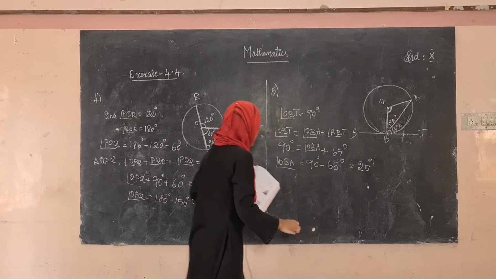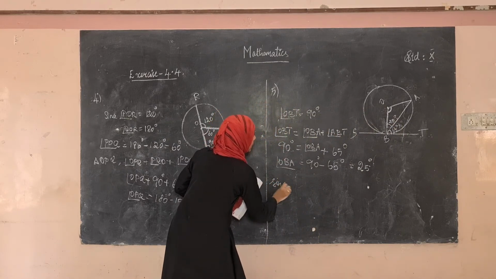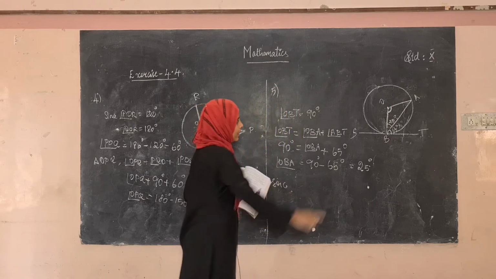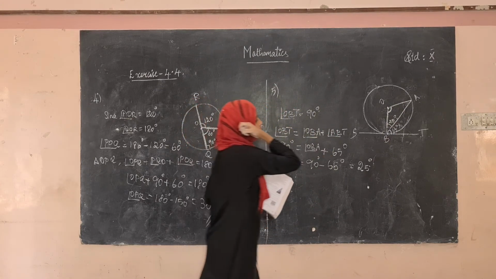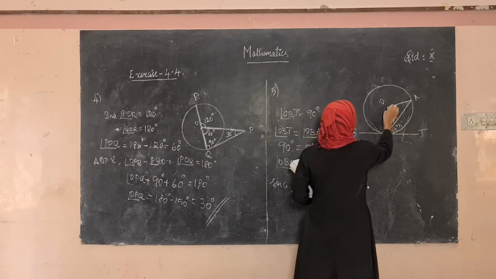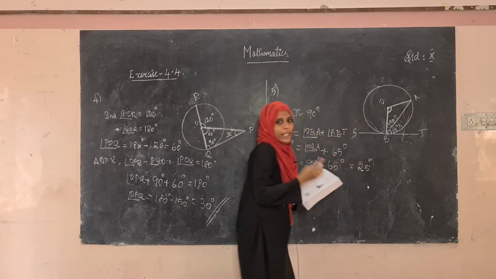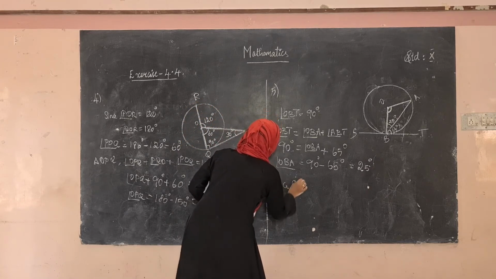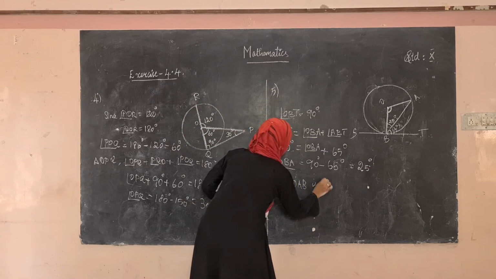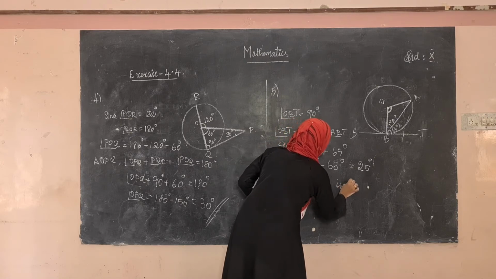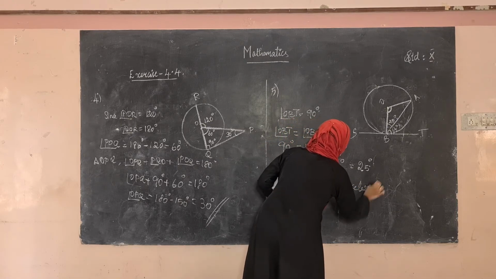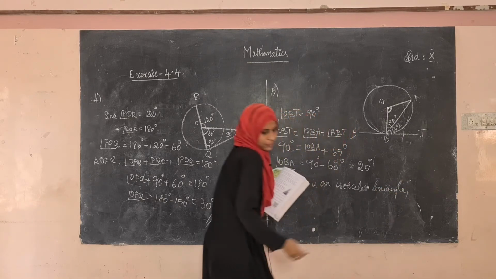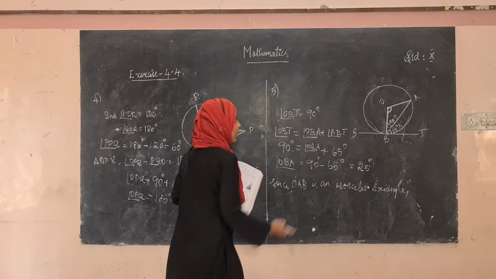See here, let this triangle OAB be the isosceles triangle. It is clear that OAB is the isosceles triangle because this is also radius and this is also radius. If two sides are equal, we can say that it is an isosceles triangle. Since OAB is an isosceles triangle, what happens?